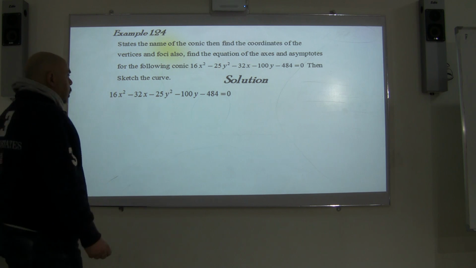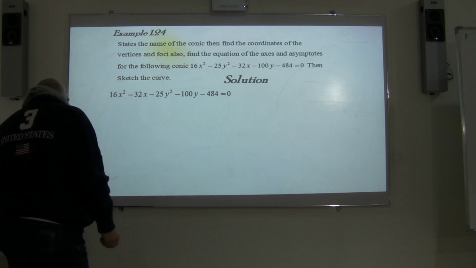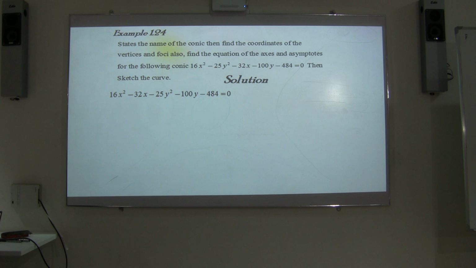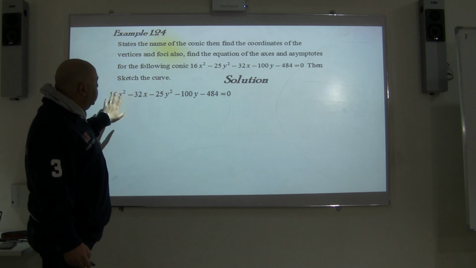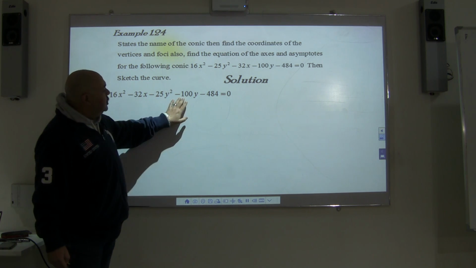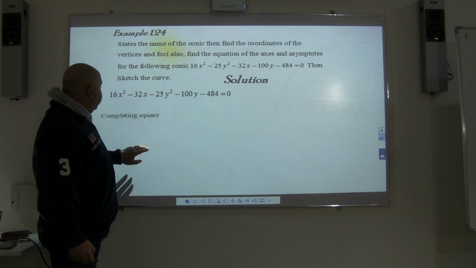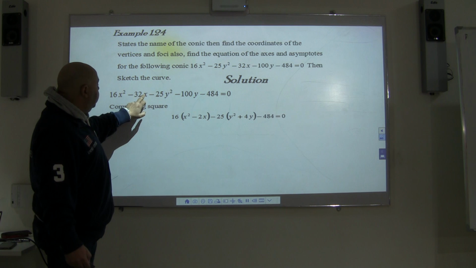So if I want to start making the perfect square, in order to determine the shape and the type of this hyperbola, all I have to do is get the x terms near each other, the y terms near each other, as you know. Then I will try to complete the square.